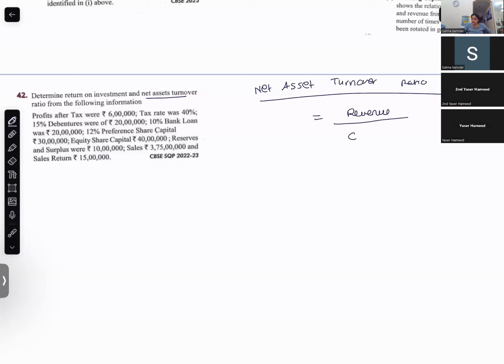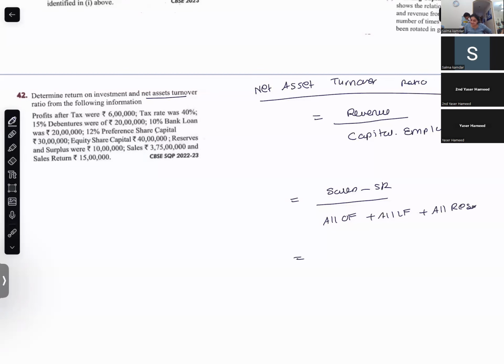Revenue from operations divided by capital employed. When I say revenue from operations, that means it is sales minus sales return. And capital employed means what? All the own funds plus all the loan funds plus all reserves and surpluses.